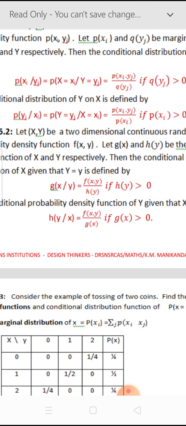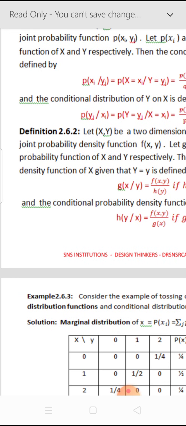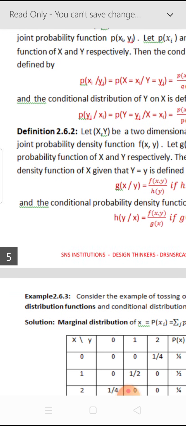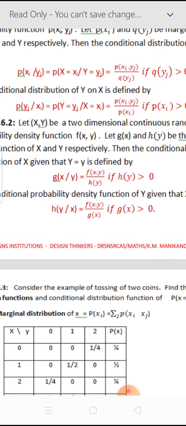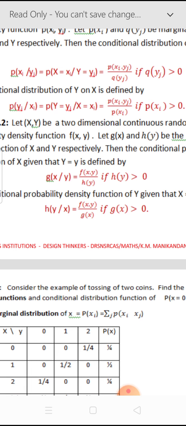Then the conditional probability density function of X given that Y = y is defined by g(x | y) = f(x, y) divided by h(y), where h(y) is greater than 0. This means that the conditional probability density function of X on Y is obtained by dividing the joint probability density function by the marginal density function of Y.